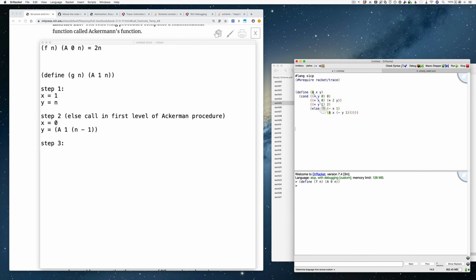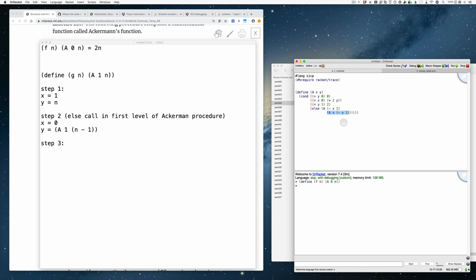So you can see for this recursive call to the Ackermann procedure, for what's going to be the new x, we don't have to do anything else, because we know what x is. X starts at 1 from here, and then we just reduce it by 1 and we pass it recursively, and so that's done. But for what's going to be the recursively called y, we need to do another step.